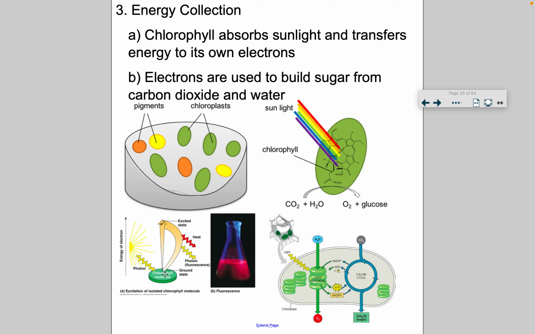At the central location are these electrons. These electrons get excited, and then they get passed on to electron carriers and a few other protein molecules. But it's the energy from these electrons that is used to build sugar from carbon dioxide and water. So it's going to transfer the energy from the sunlight to its own electrons.